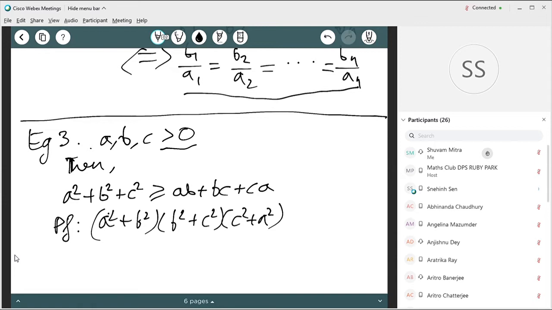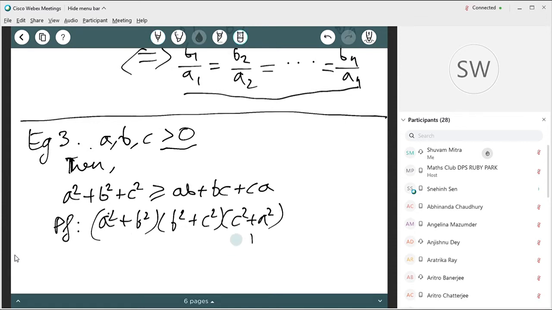We have two products over there. We have three products here. So how are you planning to use it? If you could just tell us your idea.